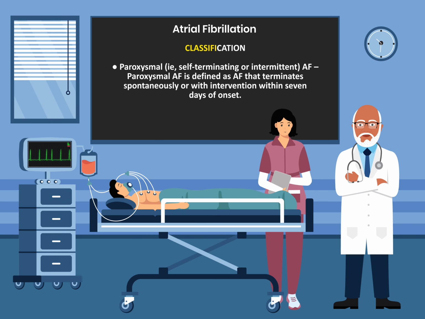Let's classify atrial fibrillation. It may be classified as paroxysmal, that is, it is self-terminating, or intermittent. Paroxysmal AFib is defined as AFib that terminates spontaneously or with intervention within 7 days of onset.